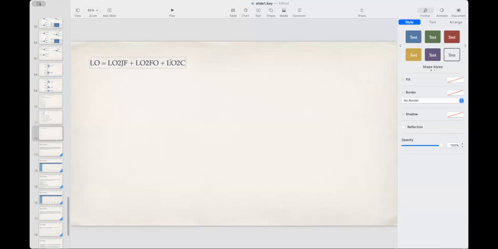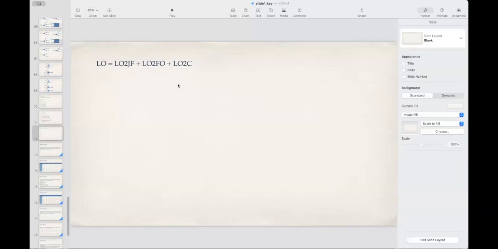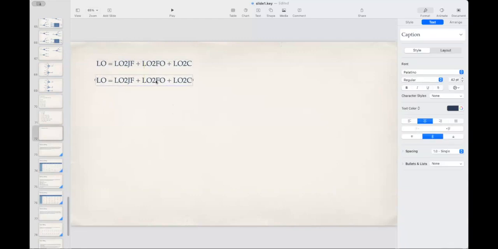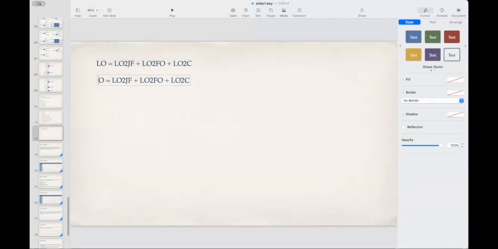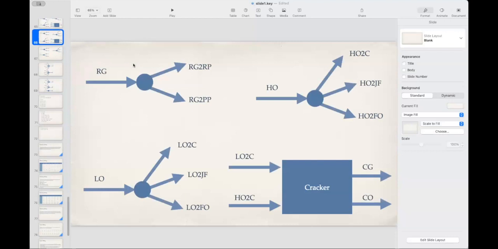And 2C, okay? And heavy oil, the same, right? Apply the same rule to heavy oil. Heavy oil can go to blend jet fuel and fuel oil and crack it. Good. So this one is done. This one also done. And the next one is cracker.